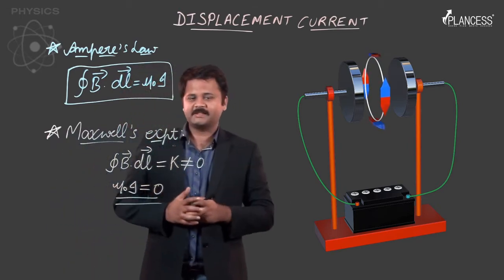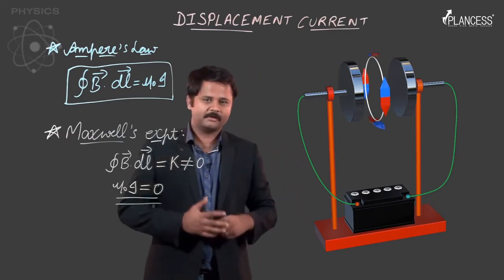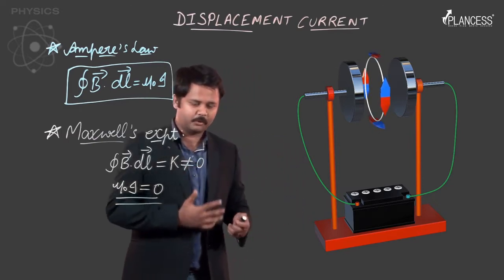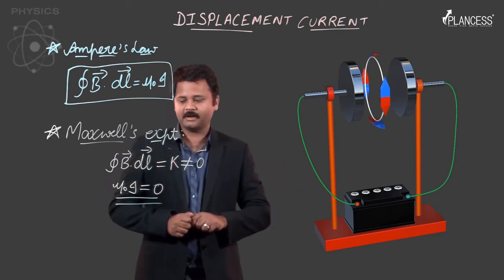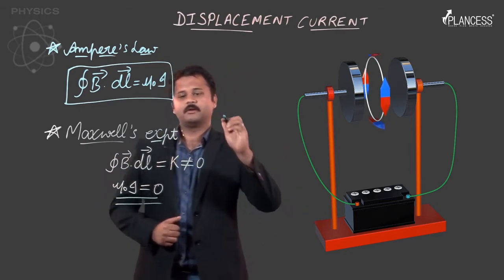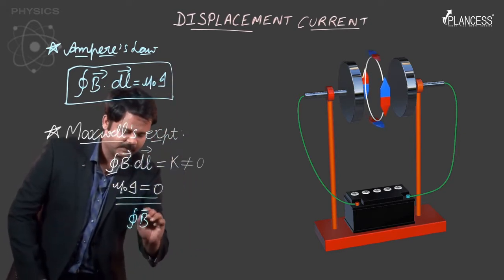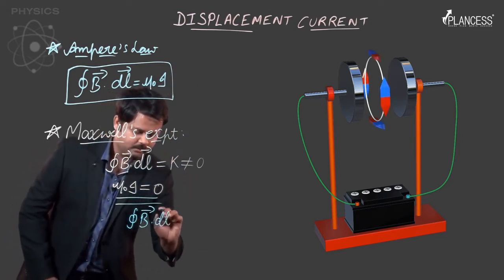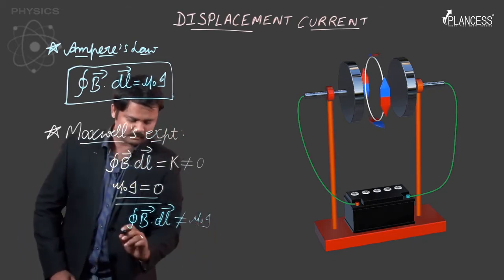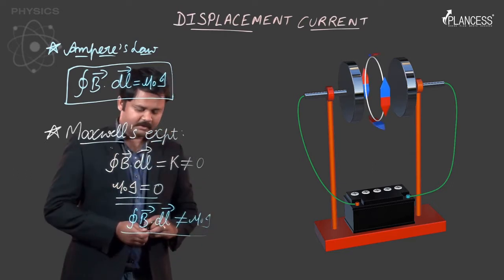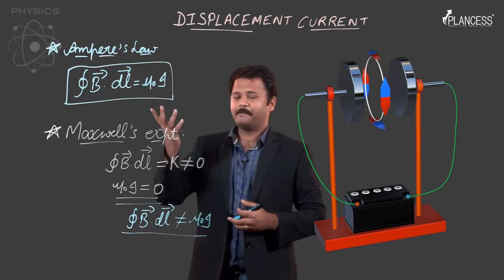So this was an inconsistency that he had discovered. For this particular loop placed in the region between two parallel plates of the parallel plate capacitor in a DC circuit, he saw that integral of B dot dl was not equal to mu naught times I. This experiment kind of violated Ampere's law, and Ampere's law is a law.